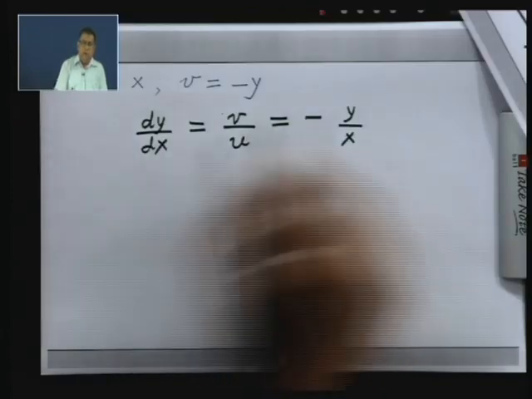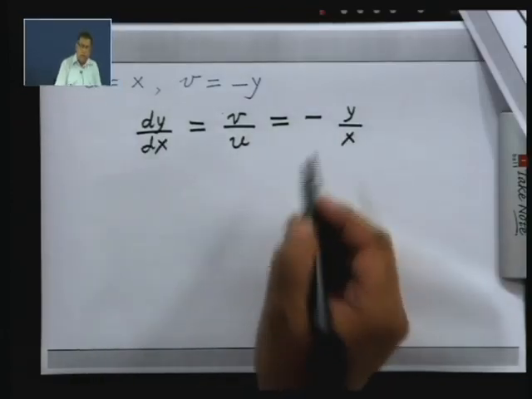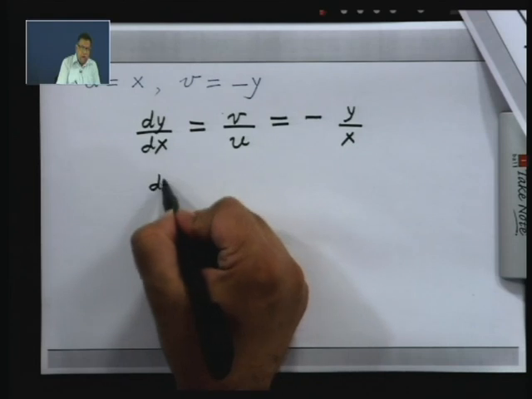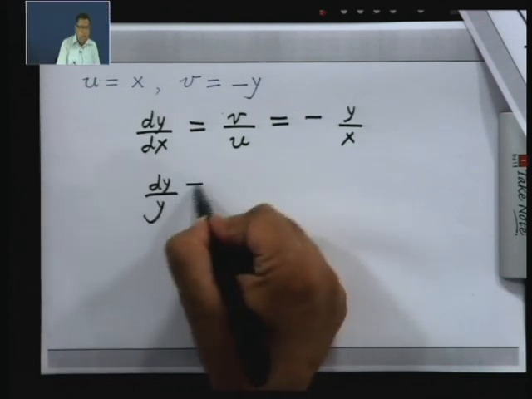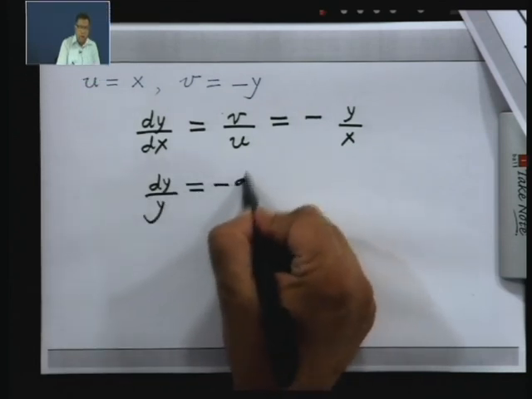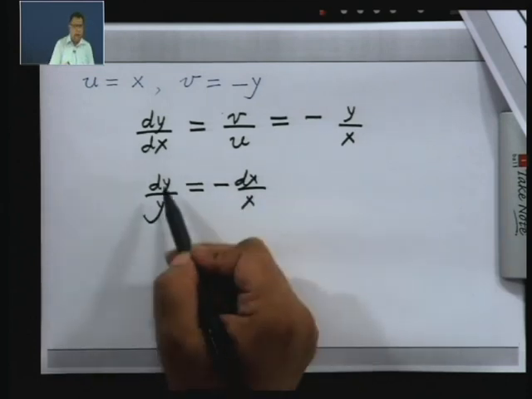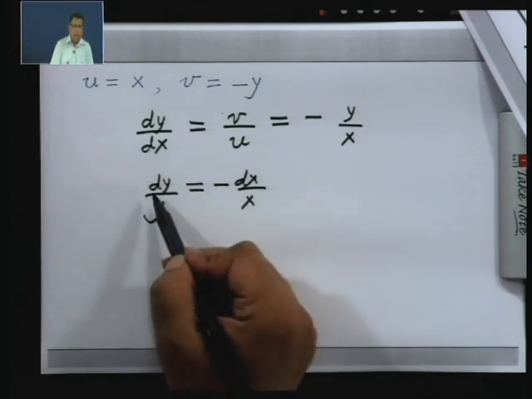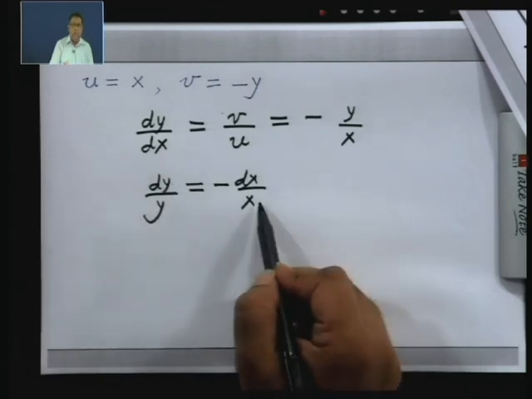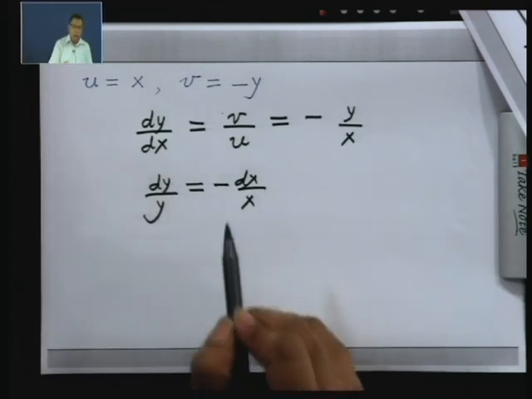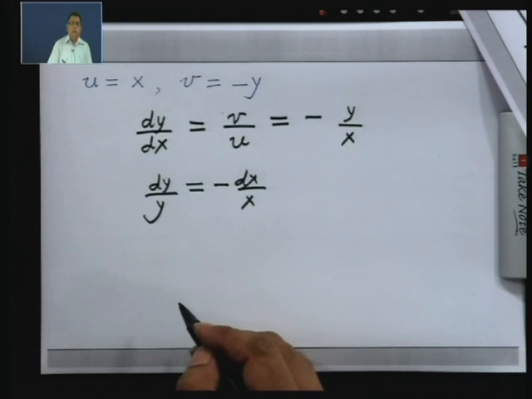Now, this is a differential equation which can be easily solved. I can write this as dy by y is equal to minus dx by x. So, you see that the left hand side is a function of y into dy, the right hand side is a function of x into dx. So, we can get an analytical solution easily.